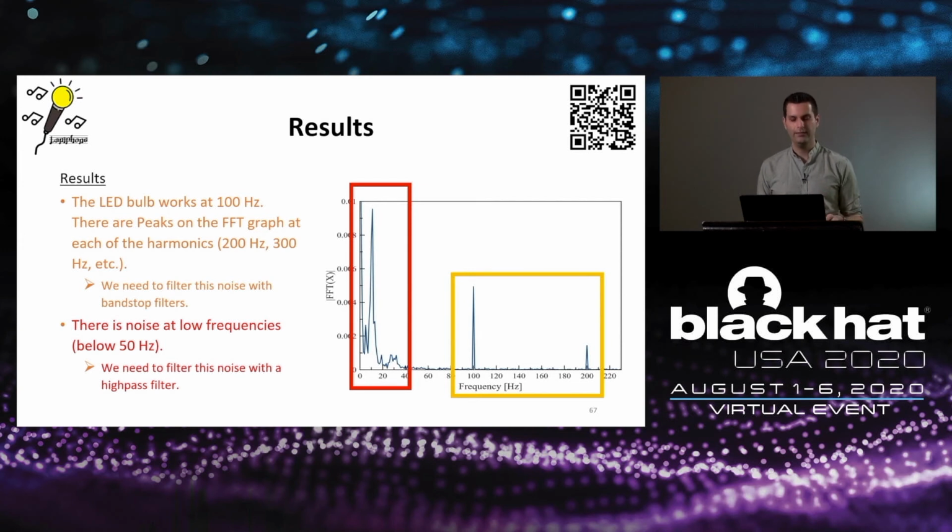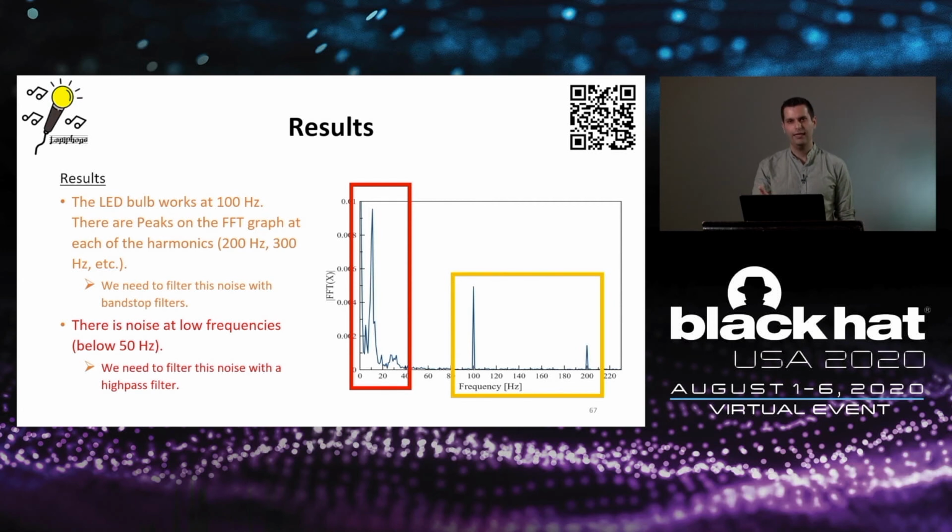Also, we found that there is noise at low frequencies, which are below 50 Hertz. They are boxed in red in this case. This noise is the result of the location where we made the experiment. We put our equipment on a pedestrian bridge, which is located above a rail station.